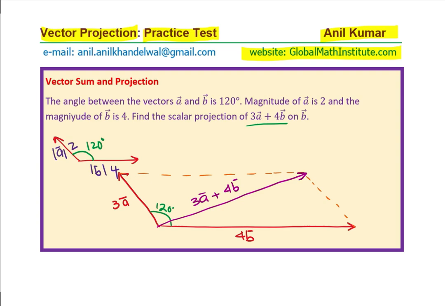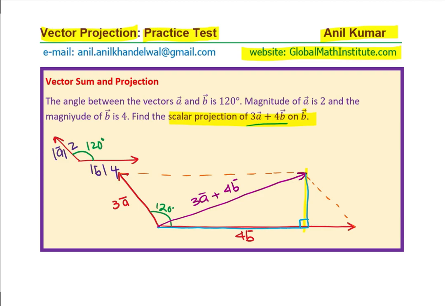So now, once you get 3A plus 4B, you need to find the scalar projection of this on B. If you draw a perpendicular here, then we are looking for this length. Is that clear to you?